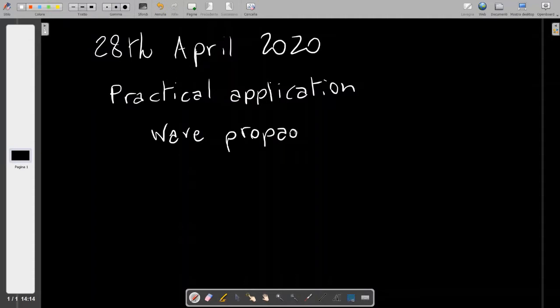What we have to do is to make a Python script able to propagate a wave with given parameters from a point located offshore up to a point located onshore.